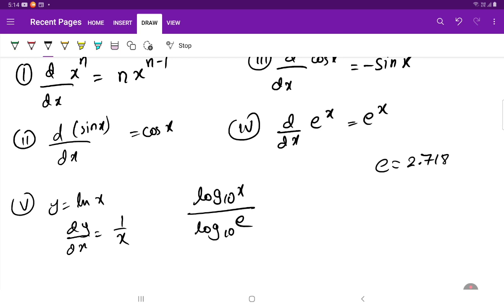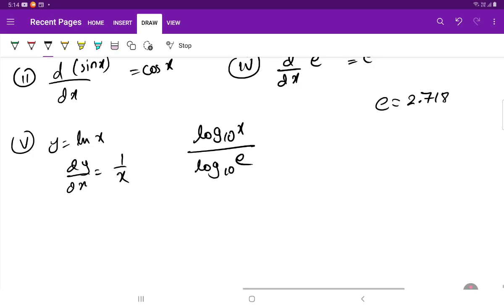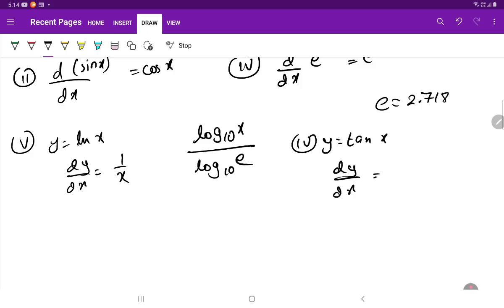We can't cover logarithms in a physics video because it would extend the lecture of basic maths too much. And the final function is y equals tan x. In that case, dy/dx is written as sec square x. And these are the formulas you have to remember. That's it.